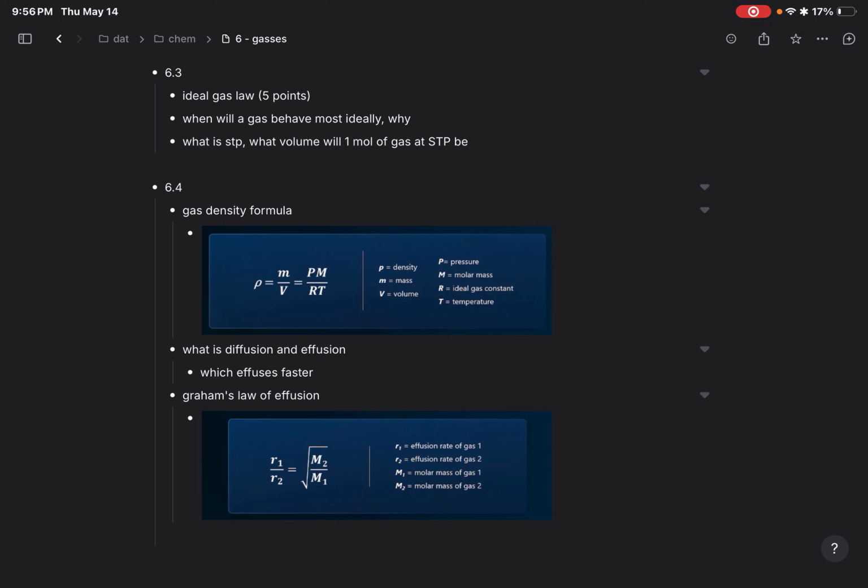Okay, so the 5 postulates of the ideal gas law are: gas particles are in constant, random, straight line motion. Gas particles are point masses with negligible volume, so they have no volume. Three, there are no intermolecular forces. Four, they have perfectly elastic collisions.